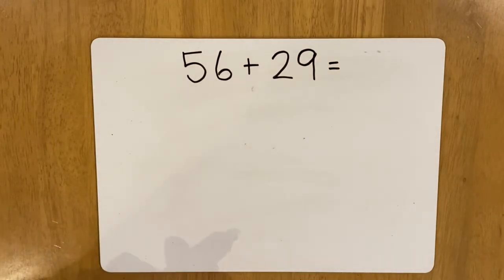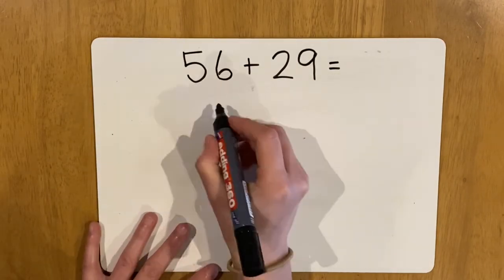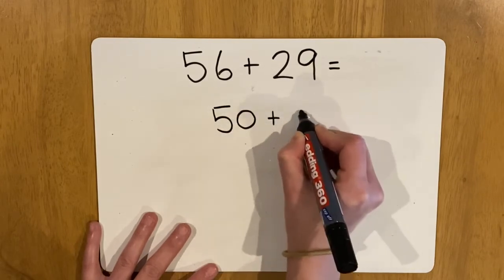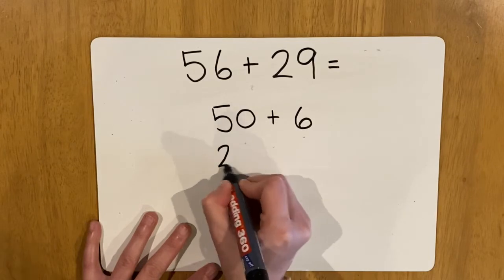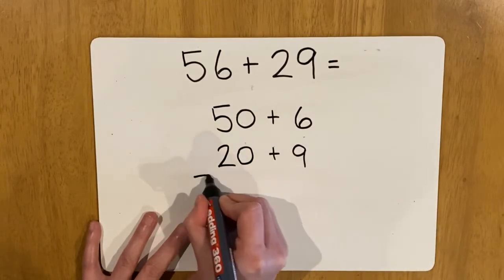Then work everything out, then press play again for the answer. So to lay your work out, we are going to partition 56. So we go 50, add 6, then we partition 29. 20 plus 9, draw a line.